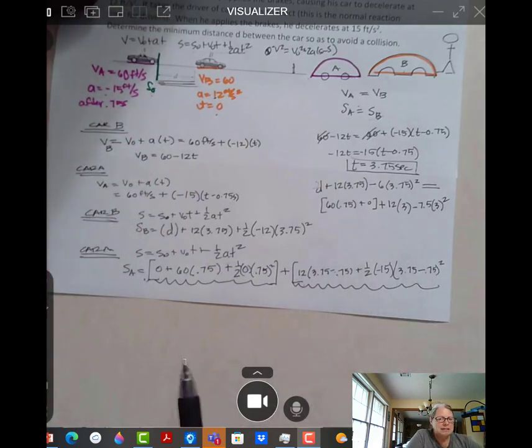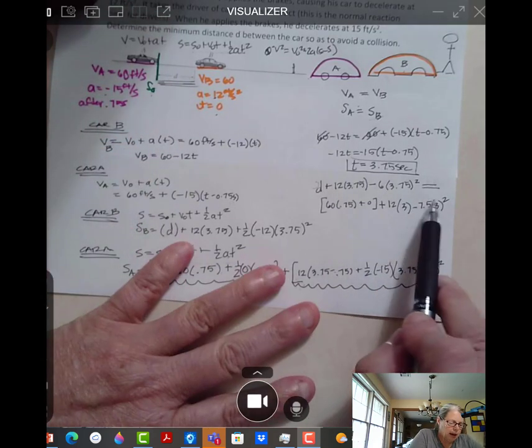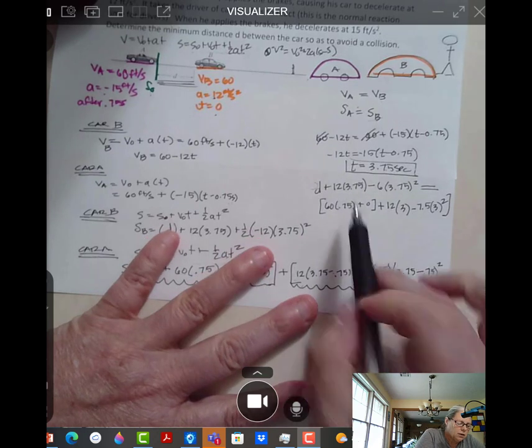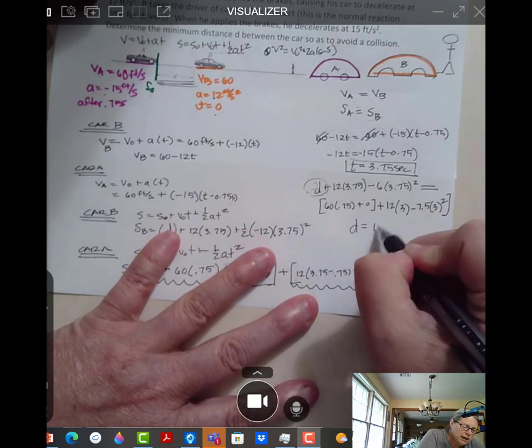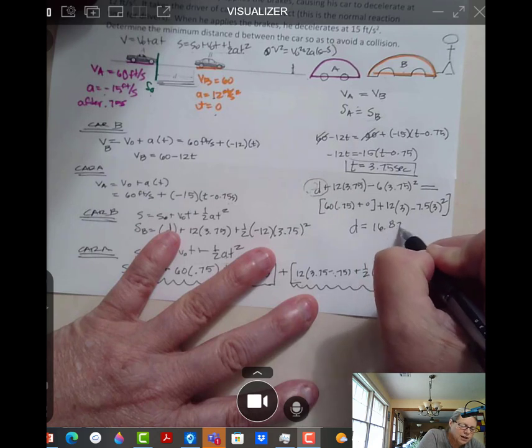So I hope that's making sense to you, how we're having to set this up as a two-parter. And the only unknown I have here is D. And if I calculate this out correctly, I've got 16.875 meters.